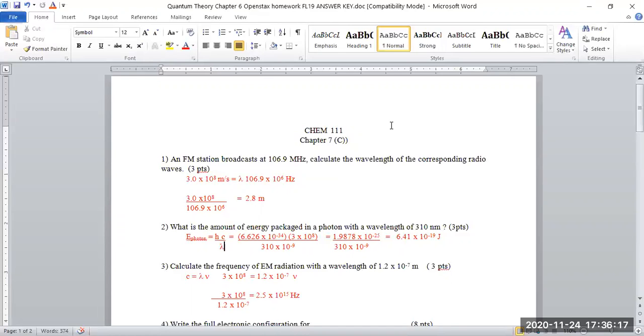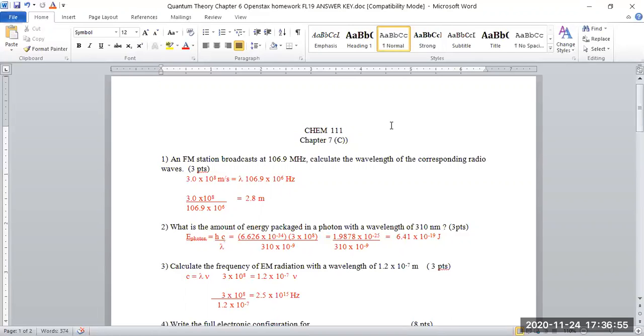So you have to insert your exponent in order to turn it to just hertz by itself as a unit. Otherwise, you end up with the wrong exponent after you've divided. So 106.9 times 10 to the 6th is 106.9 megahertz. I did my little algebraic rearrange, and you should get 2.8 meters, which is fairly typical for a radio wave.